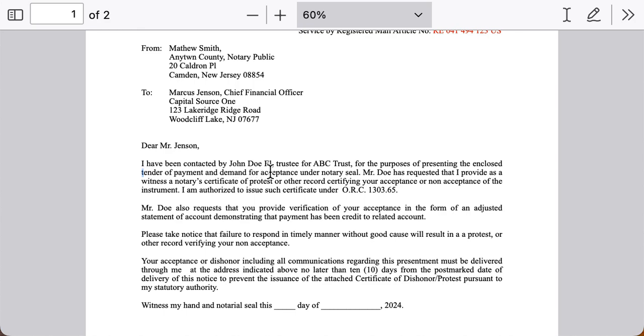Mr. Doe has requested that I provide as a witness a notary certificate of protest or other record certifying your acceptance or non-acceptance of the instrument. I am authorized to issue such certificate under Ohio Revised Code 1303.65, or whatever your state is, letting them know, hey, I'm not involved. I'm authorized to do this under this state statute.